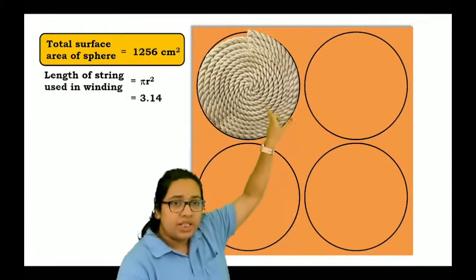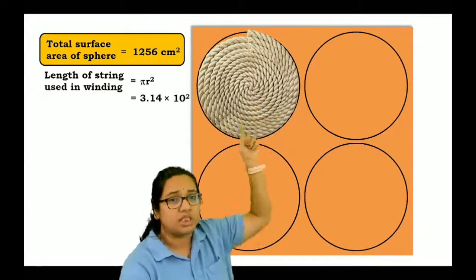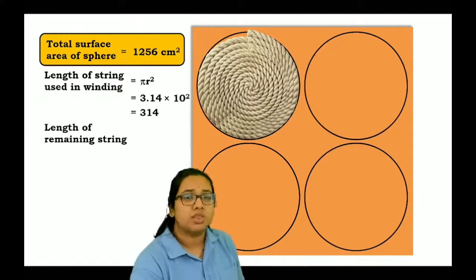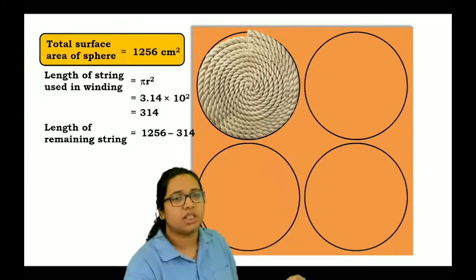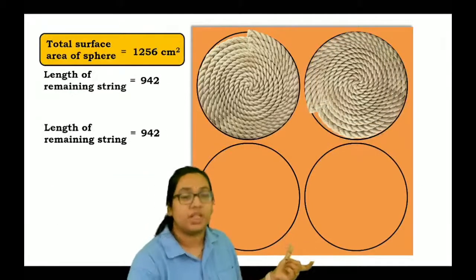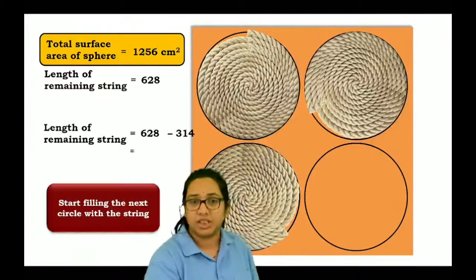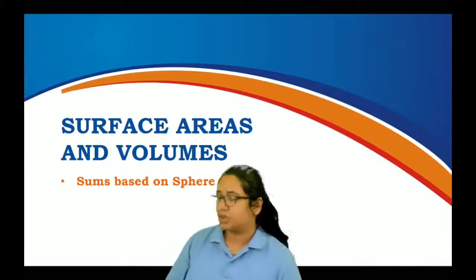So the length of the string used in winding for the first circle will be pi r square, which is nothing but 314. Similarly, if you check for the other circles, you will get the total. Hence, surface area of a sphere is 4 times pi r square.